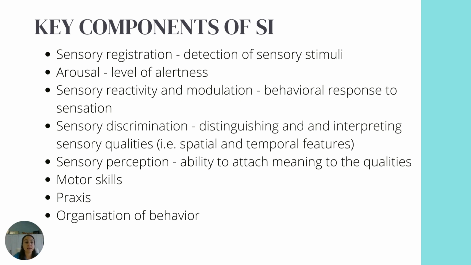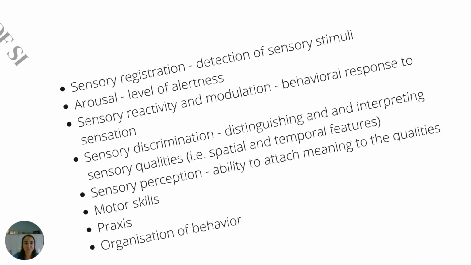Then another key component is our motor skills and praxis, like we mentioned before. Our vestibular system and our proprioceptive system tell our body how to move and where our body is in space. So those are very important in terms of our motor skills. And lastly, we have organization of behavior.